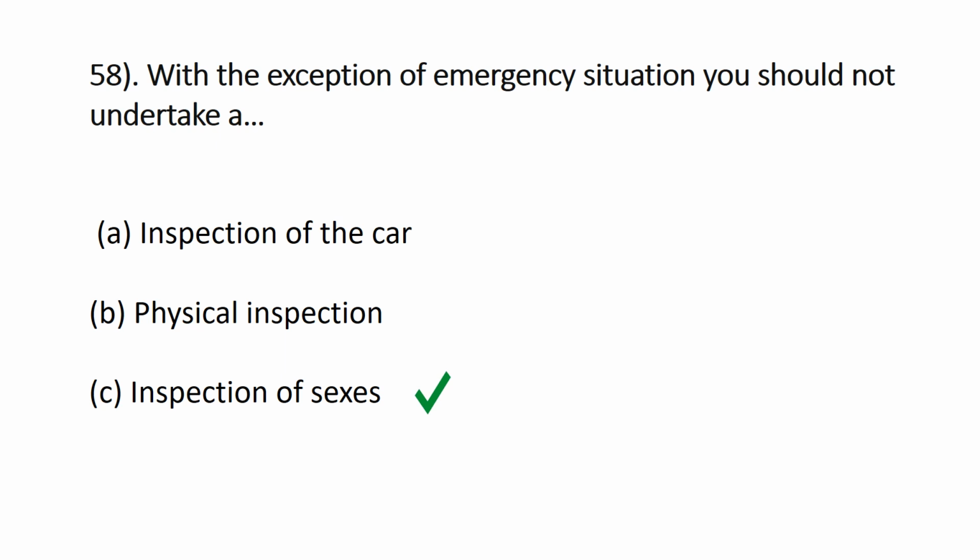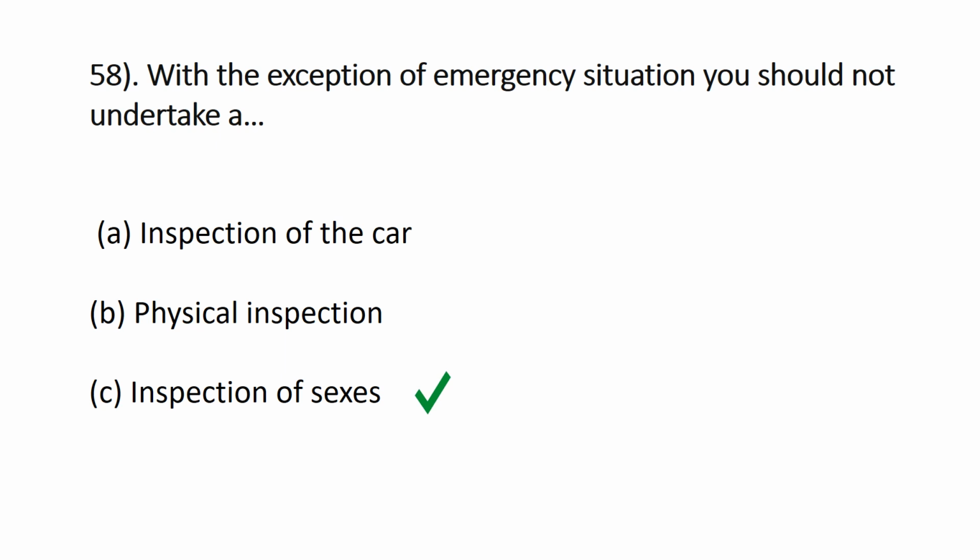If you are male, at that time you can search a lady. But if there is no emergency, you should not inspect a different sex, because in some countries it is a very severe crime if you inspect a lady, especially in Muslim countries, right? So always be sensitive when you are searching. A lady should search a lady and a man should search a man.